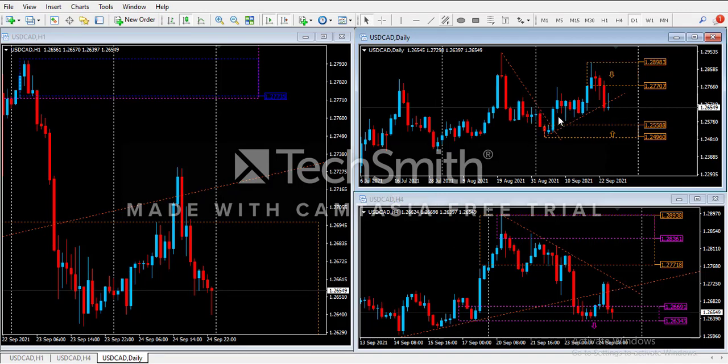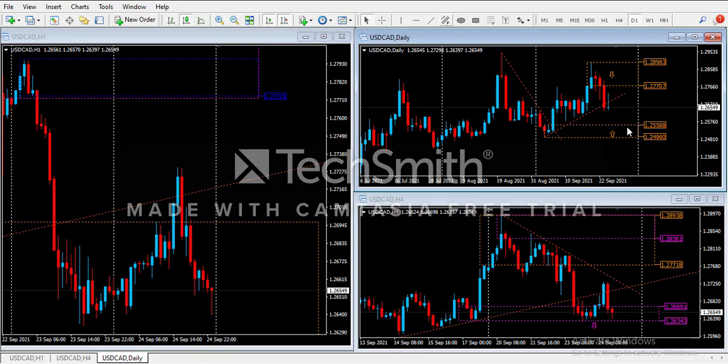The pair is trying to break the extended trend line on the daily chart, after which the price movement from the potential supply area 1.2770, 1.2890, 98 will develop a downward trend to the demand area 1.2558, 1.2496.